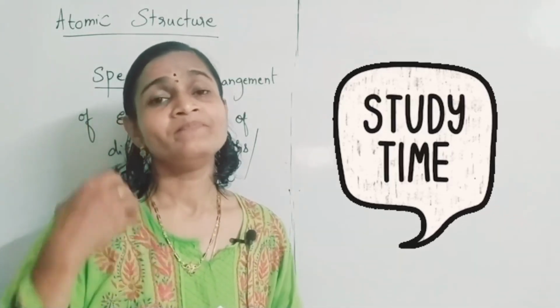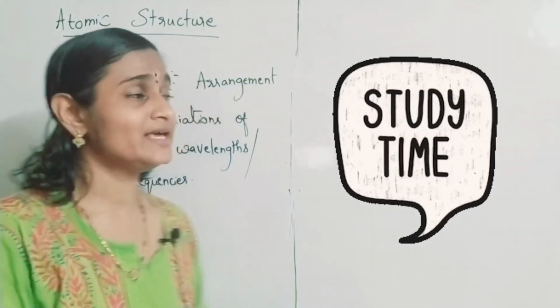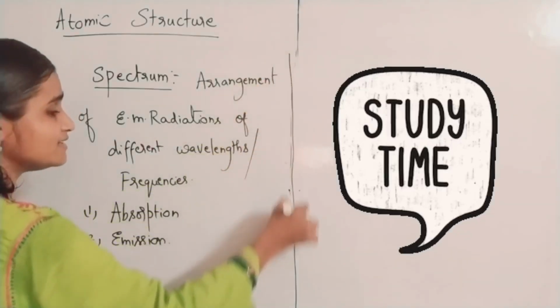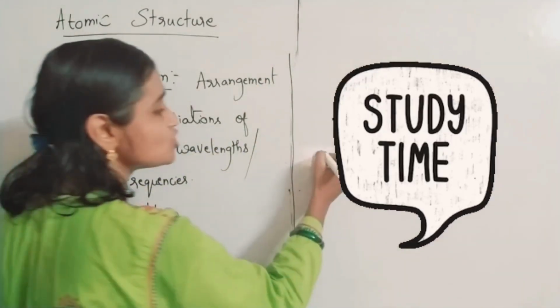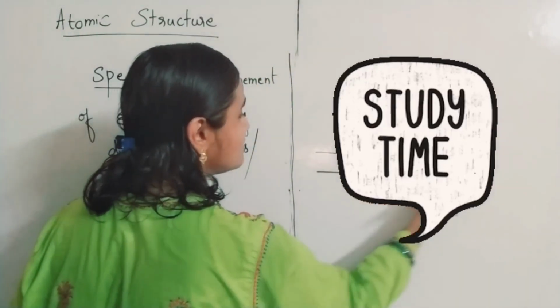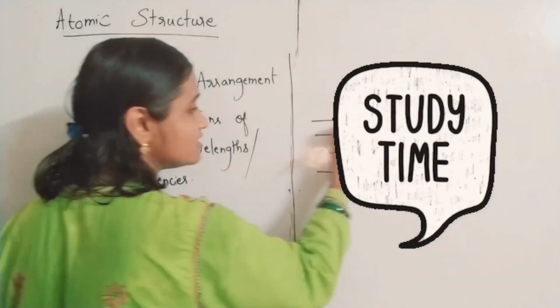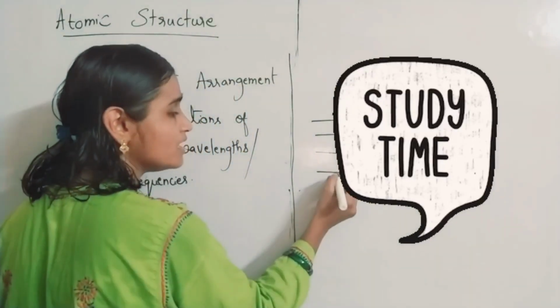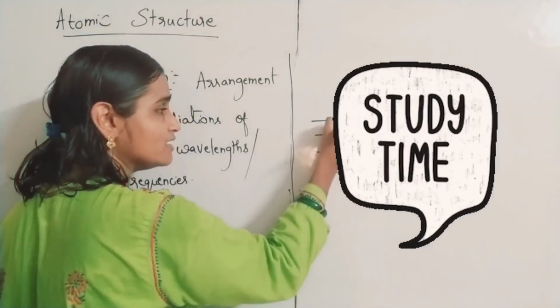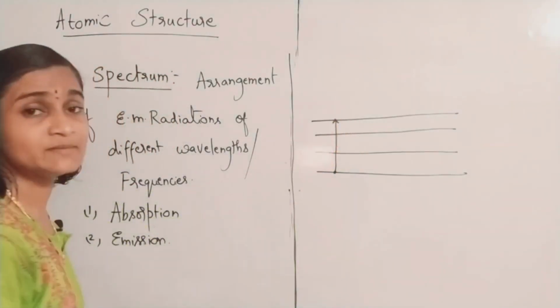If any source of light is emitting certain radiations because of excitation of electrons, just remember like this. You have energy levels for orbits like this. If an electron jumps from any lower energy level to a higher energy level, it will be unstable over there.